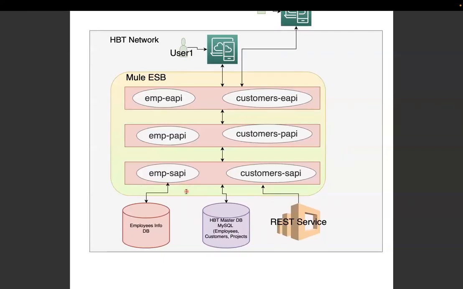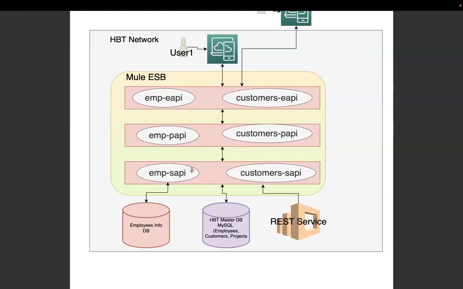Let's say, for example, we need to extract the data from master databases. So we are going to create a system API to extract that information, or to extract the system of records information. Generally, system APIs will be built on top of the systems of record, or to directly connect with the target systems.